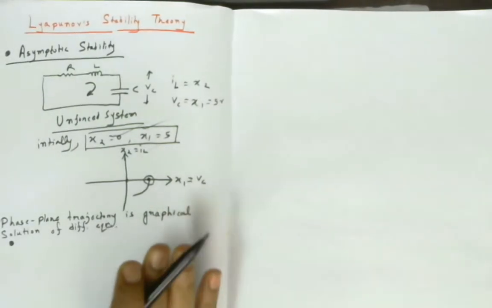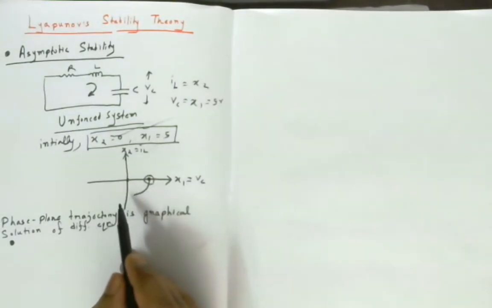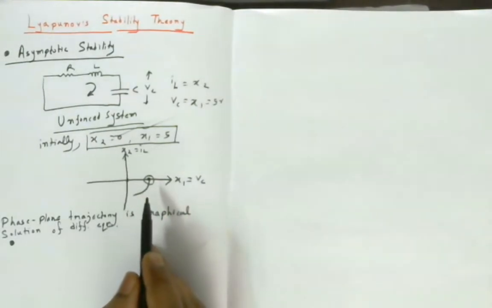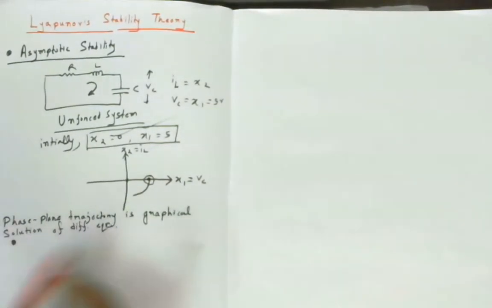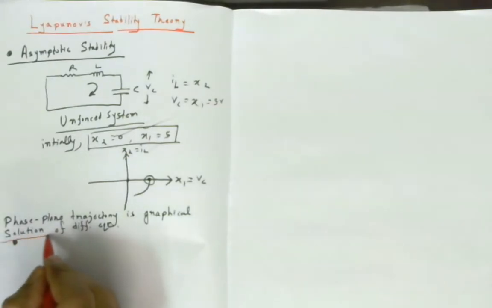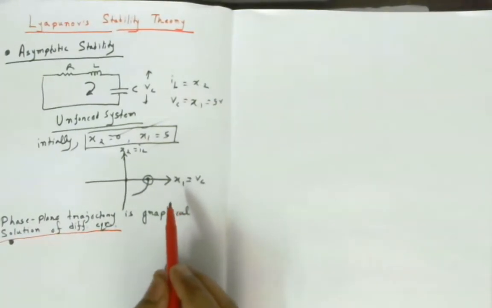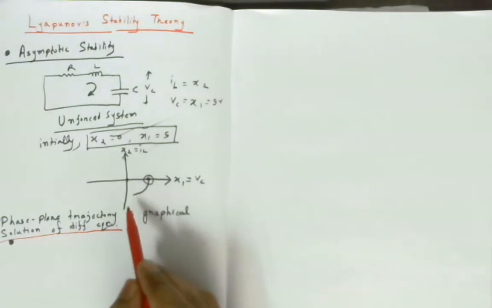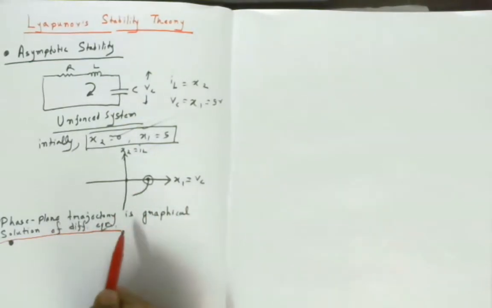So if I say that we are interested in drawing the phase plane trajectory, that means we are actually interested in plotting the solution of the differential equation. Remember, we are discussing the importance of the phase plane trajectory, but actually it is nothing but the graphical solution of the differential equation.